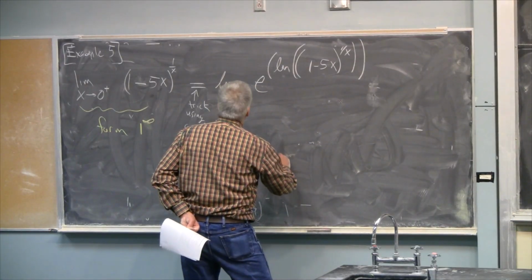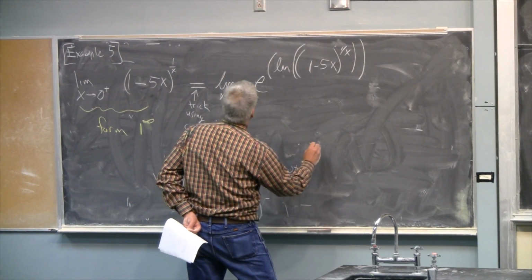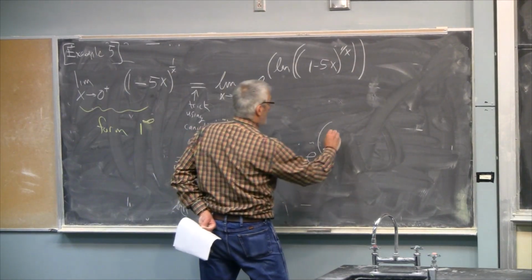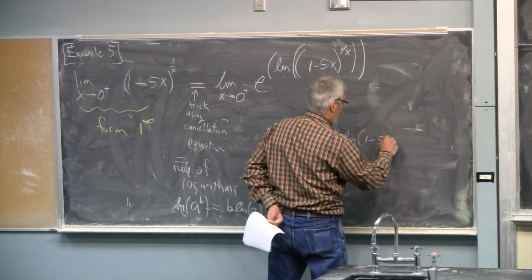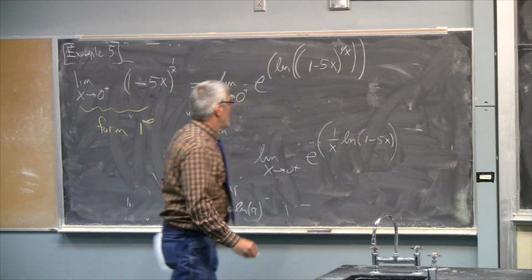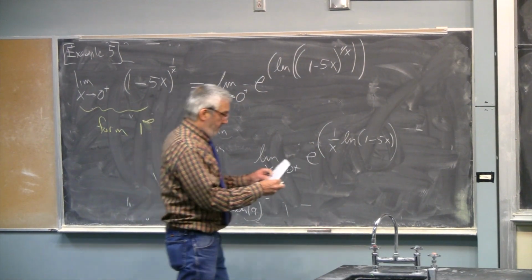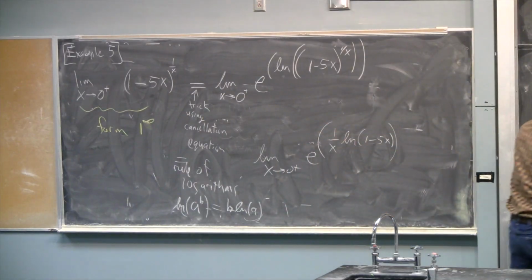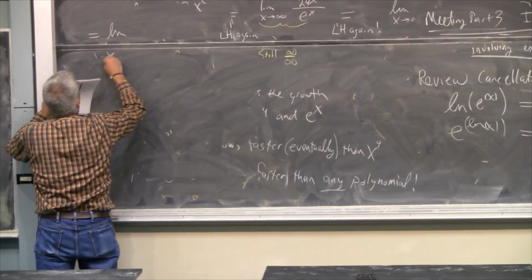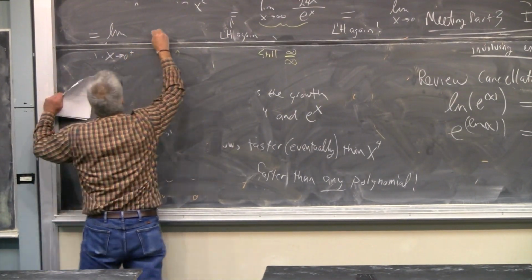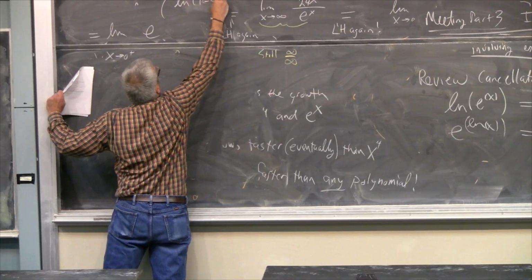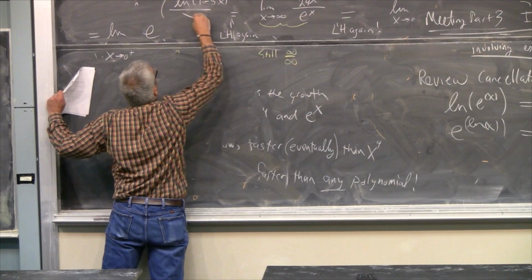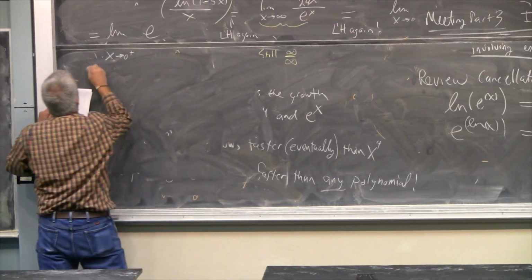So I've got my limit as x approaches 0 from the right of e raised to the 1 over x ln of 1 minus 5x. And that's equal to e, I'm going to clean this up, ln of 1 minus 5x, that's in the numerator. In the denominator, I just got x.